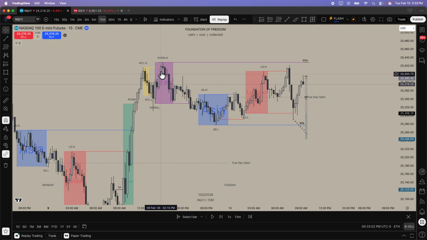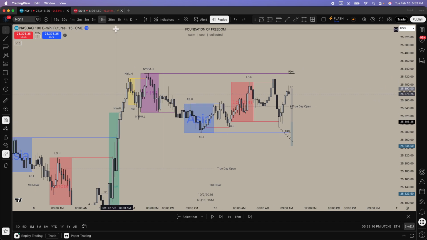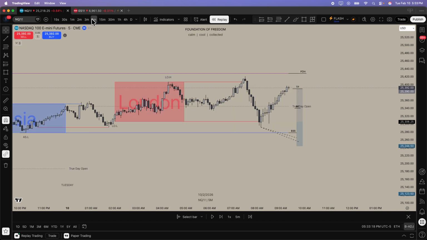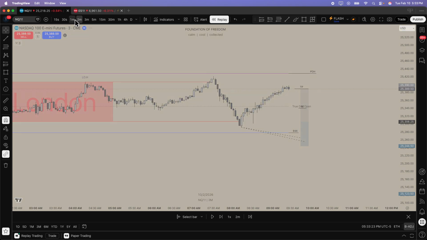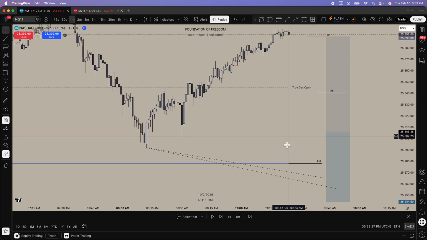We were super range bound overnight, and so kind of classically looking for an AMD model here. Accumulation, potentially manipulate up or manipulate down and then just distribute in that direction. So yeah, pre-market, I was just looking for that. And we'll get on to the lower time frames here and skip ahead to market open.